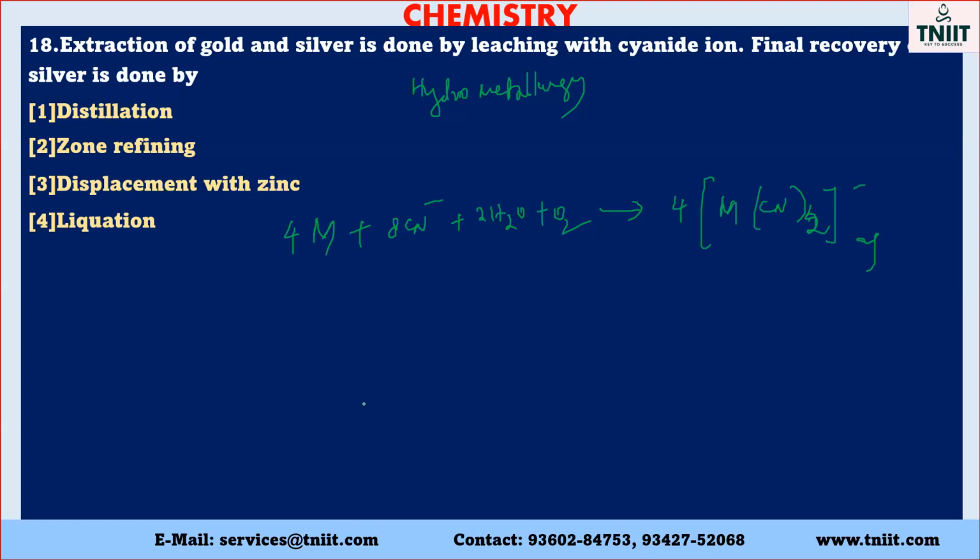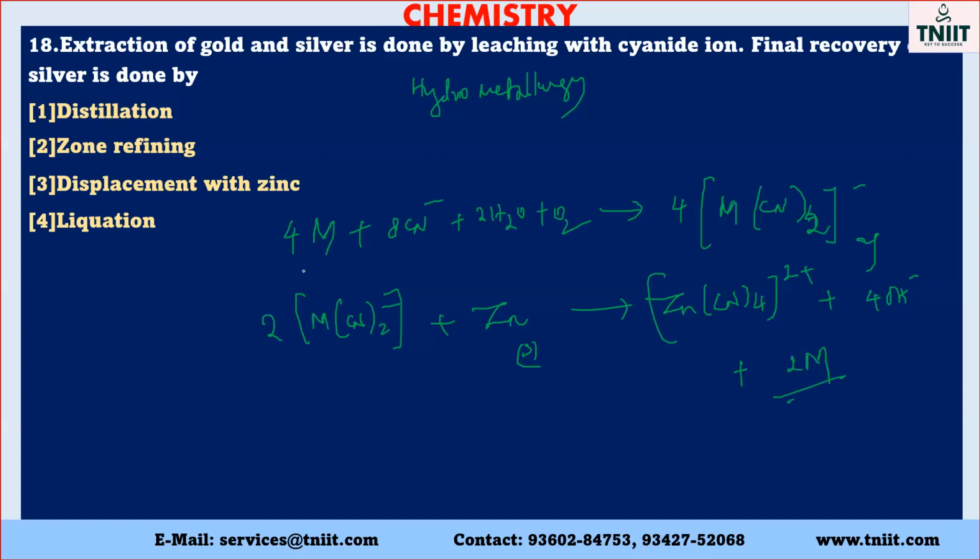This complex, which is in solution state, M(CN)2 minus, plus if you use a reducing agent like zinc, which is a solid, we get Zn(CN)4 2 minus, plus we get OH minus, and we get the metal.